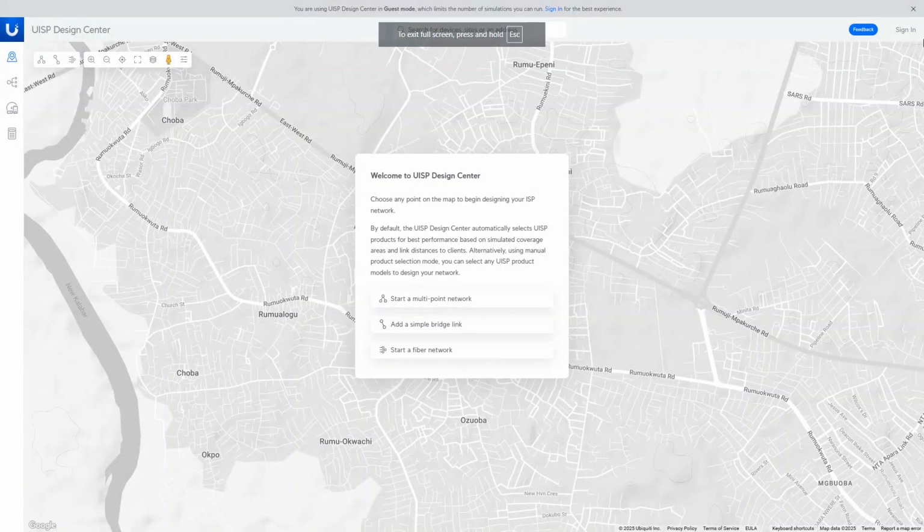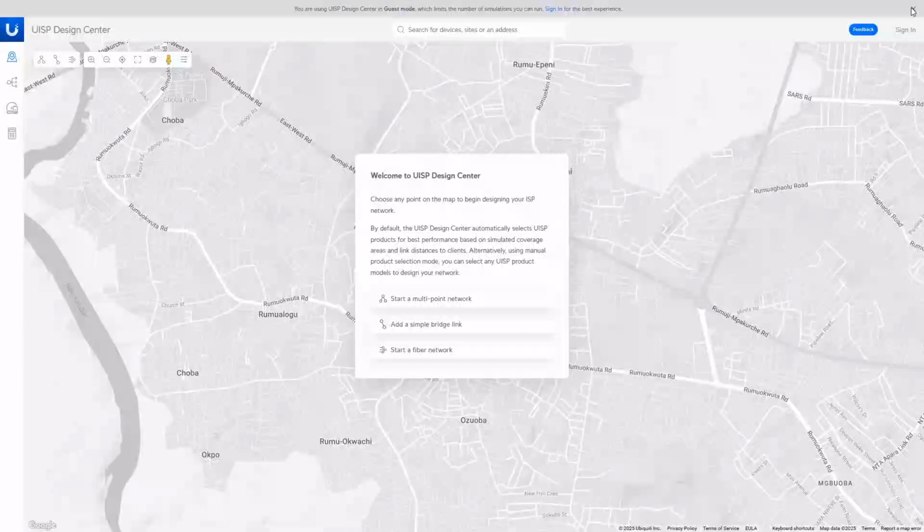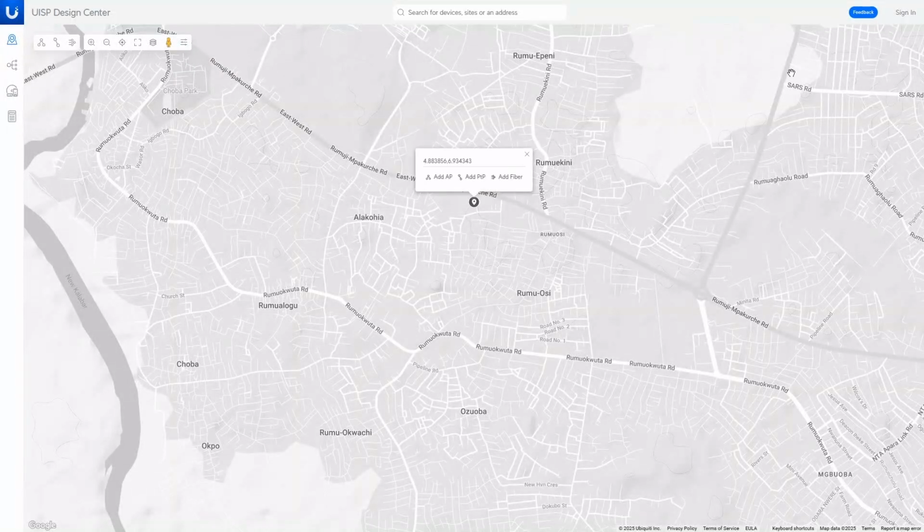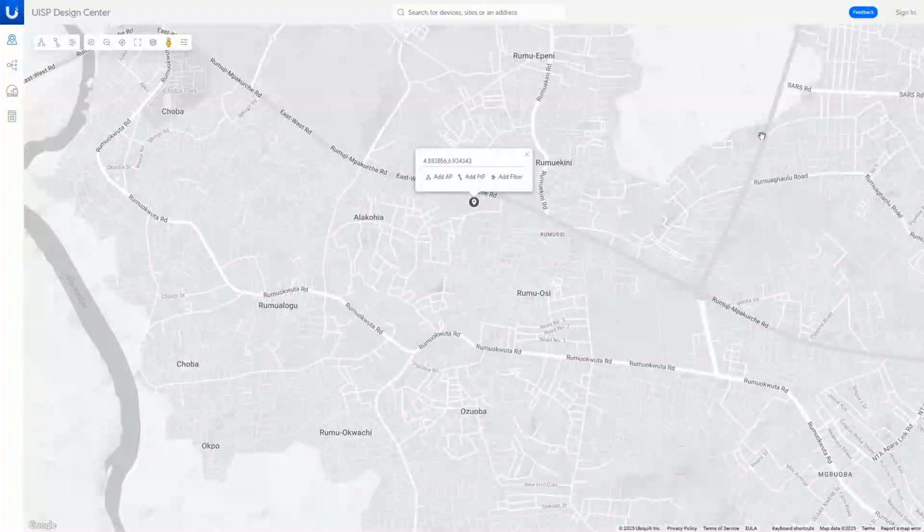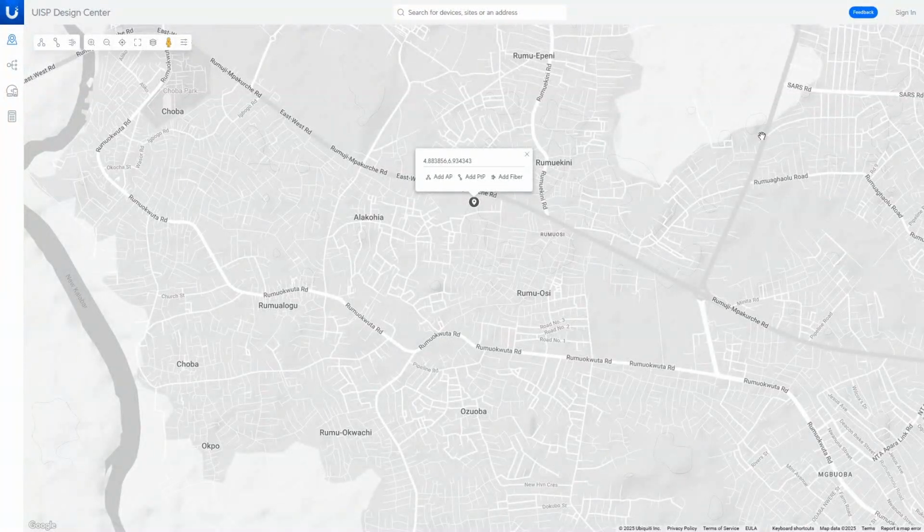Are we there? Are you on this page? Sorry, it's ispdesign.ui.com, isn't it?